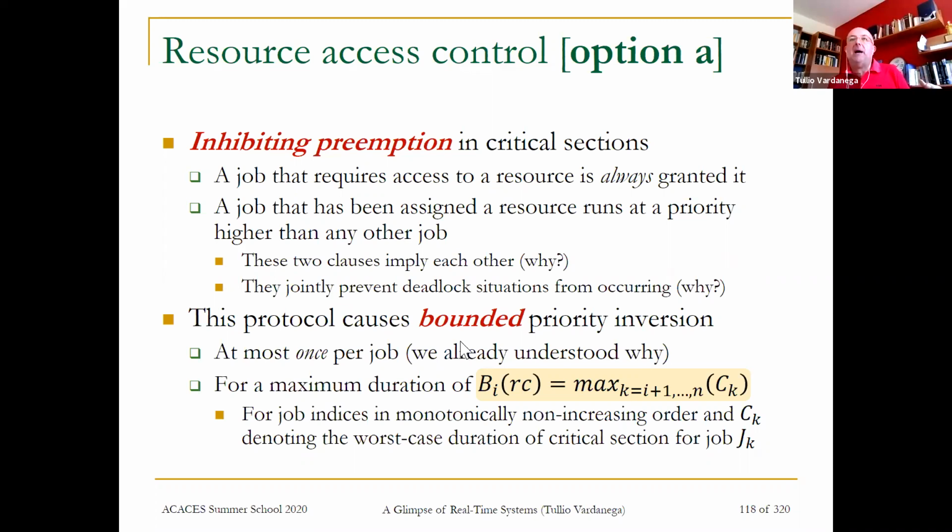Can we upper bound how much we are suffering? By the way, the suffering that we have is called priority inversion, because it is a situation in which those with higher privileges are denied their privileges for the sake of keeping resources together. And you want to know what is the worst case. Please give me ahead of time the maximum time that I can suffer this blasted priority inversion.